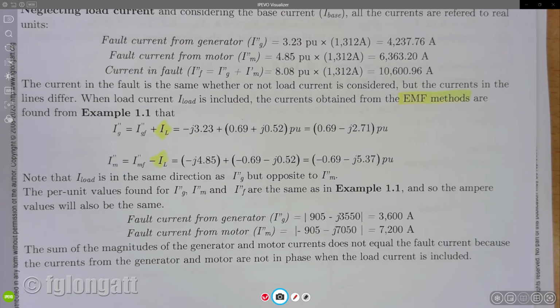As you can see, the numbers are not exactly equal, and the reason is because the load current provides a phase angle that is affecting the solution, and as a consequence, that angle is not included inside the Thevenin solution. As a consequence, if you try to add the currents, you will not reach the same fault current calculated by the EMF method, or between EMF methods and Thevenin methods.